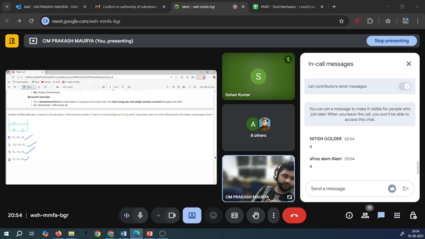Nitish is telling A, okay. Alam is also telling A. Other students, please also try to write your answer.